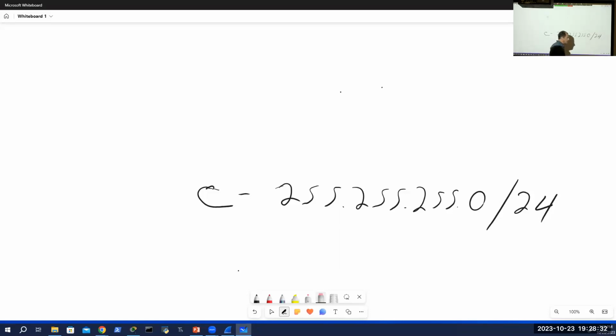So let me just put an IP address to go with this. Okay, so with that subnet mask, our network ID would look something like that. Well, this octet can have values 0 through 255, right?